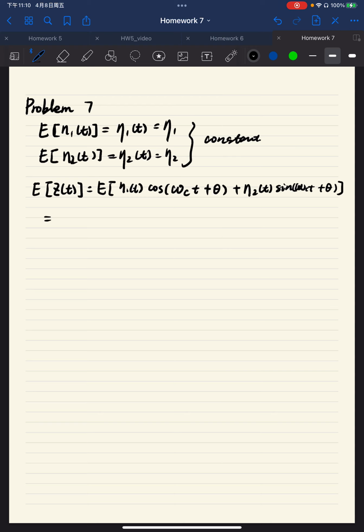Since they are independent, it can be separated into two parts: N1(t) times cosine of omega c t plus theta, plus the second part.